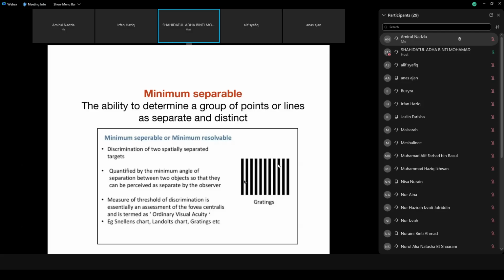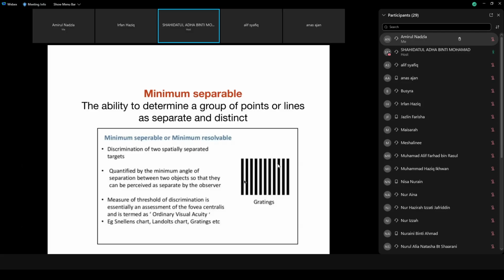Like black and then white, black, white, black, white. But those with poor vision will see this as one blackish box. Even the white in the middle looks very blurry. So it means the visual acuity is slightly reduced. But those with good vision can see this clearly.